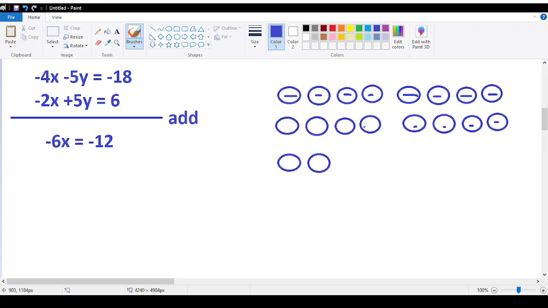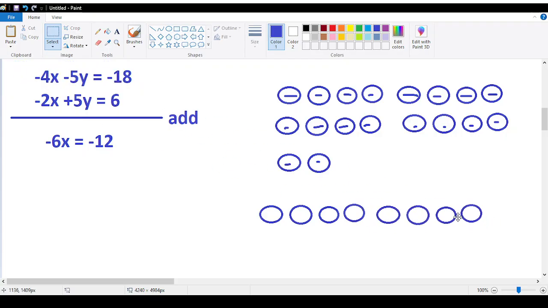So minus 18, okay? And then we will do how many plus? 6. So cancel them out. Cancel the similars. These are plus, plus, plus. So just do it in your mind. It does not need to be done in this way. This with this. This with this. And like that.